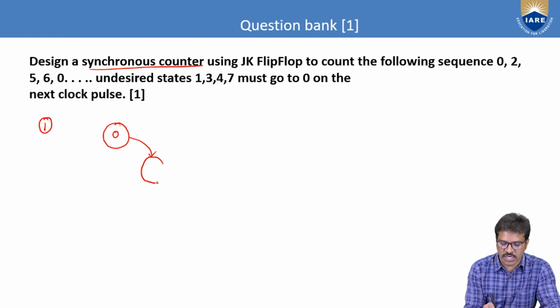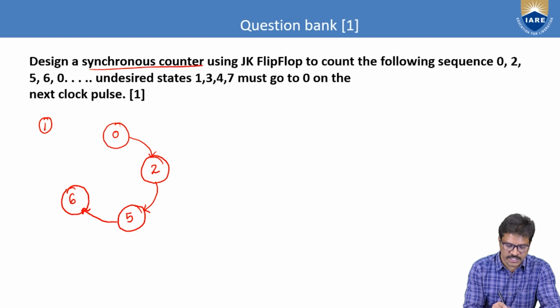If initially the state is 0, then on applying the clock pulse it moves to state 2. If it is in state 2, it moves to state 5. If state 5 is the present state, then after applying the clock pulse it moves to state 6. Once state 6 finishes, it goes back to 0. These are the desired state diagram.